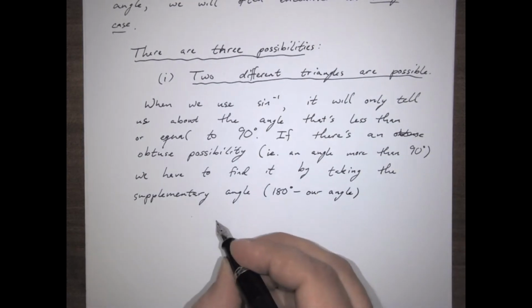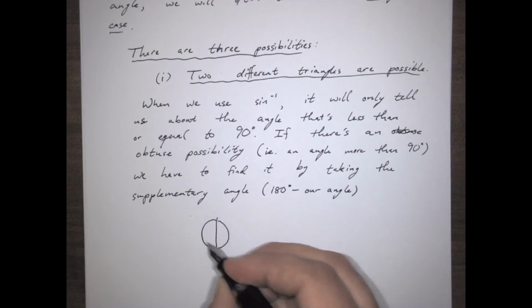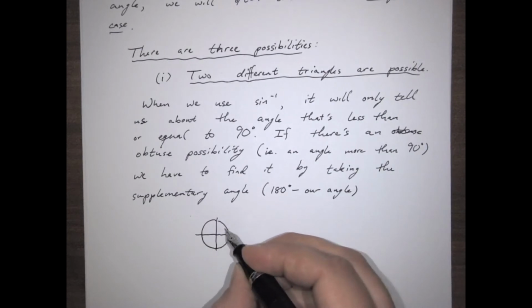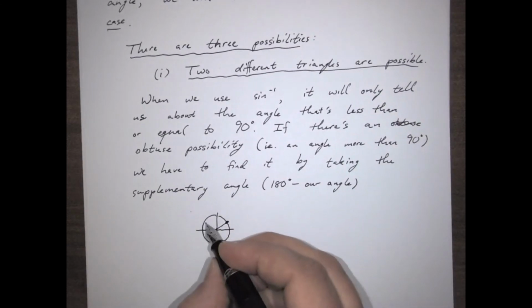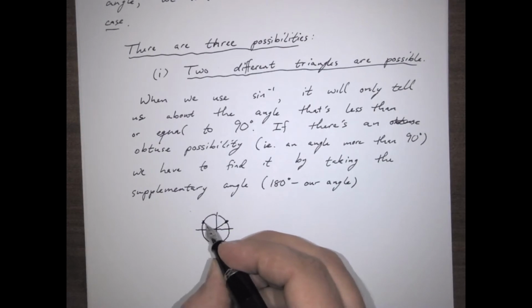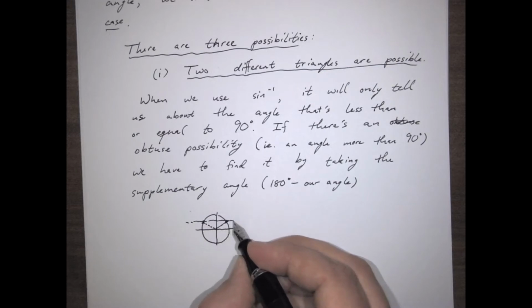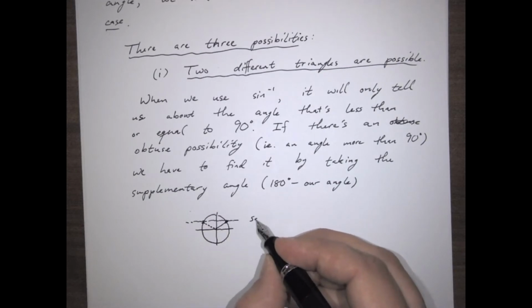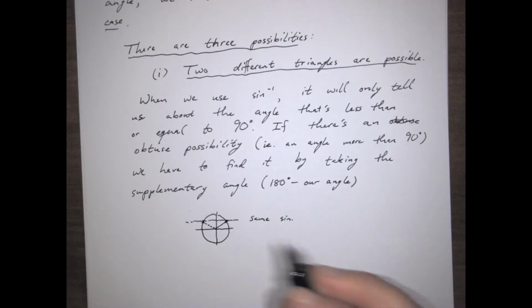And the reason for this is that if I just tell you the sine of an angle, it could easily be the angle in quadrant 2 that we could be referring to. So these have the same sine.